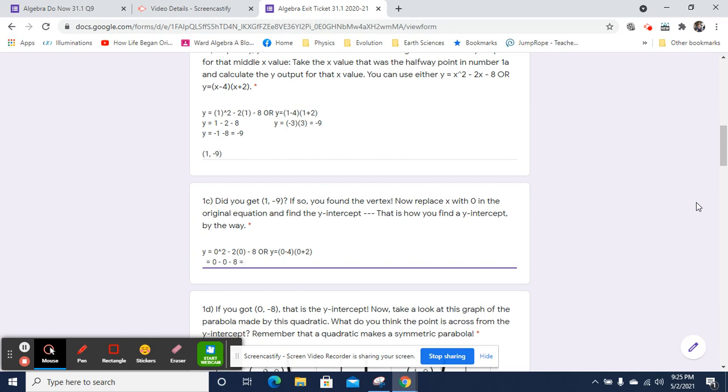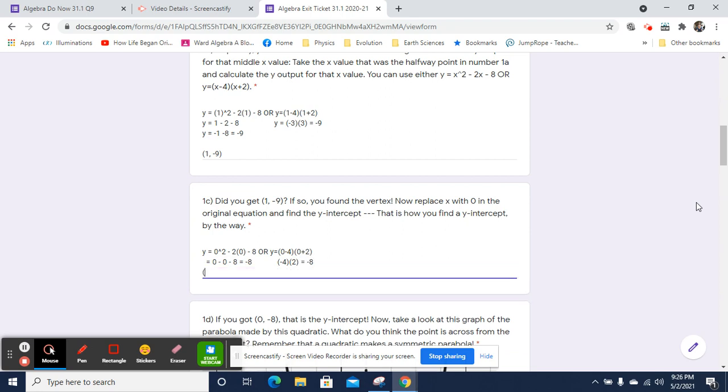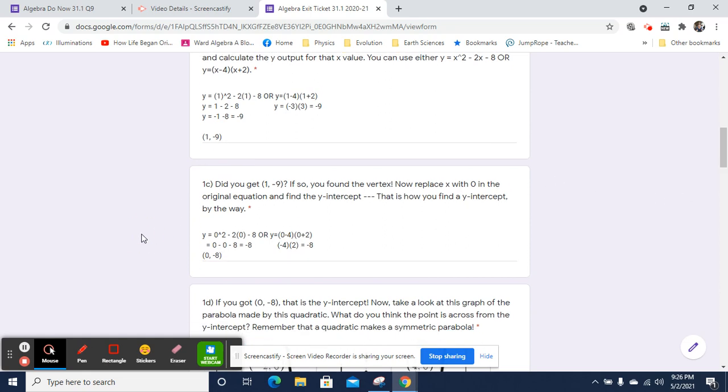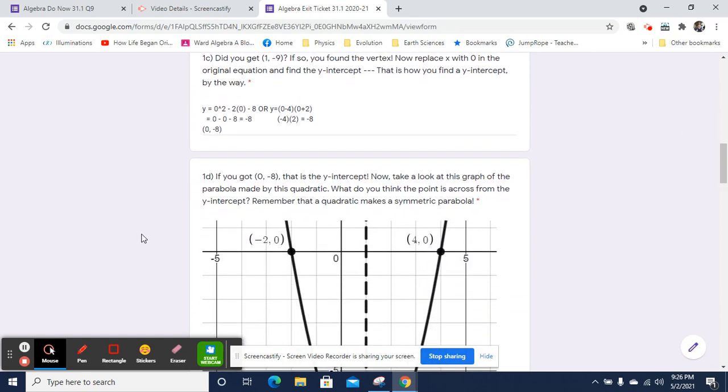And that's just going to equal -8. Over here we would end up with -4 times 2, which is also -8. So we're going to have a y-intercept at 0, -8. Okay, there you have it. That's the y-intercept. So if you got -8 as your y-intercept, that's great.